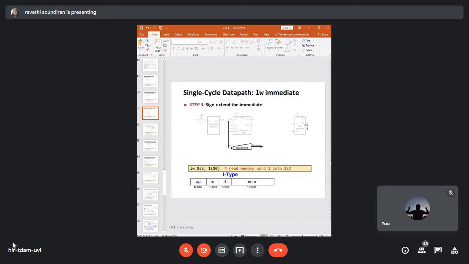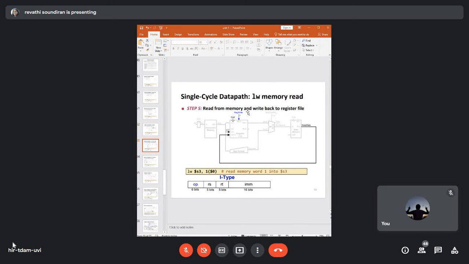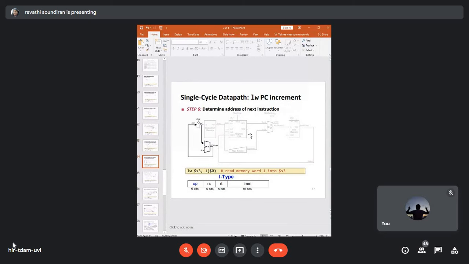Now you perform the sign extend immediate operation, and you compute the base address with the offset, so you arrive at the address location that you have to access in the data memory. Then you load the data from the memory and write it back to your register file. Apart from this, you have one more step, which is incrementing the program counter in order to point to the next instruction.